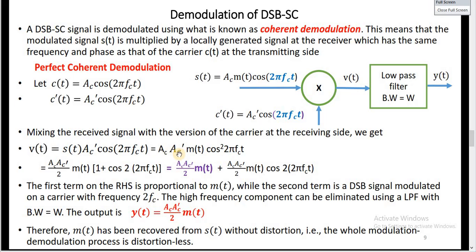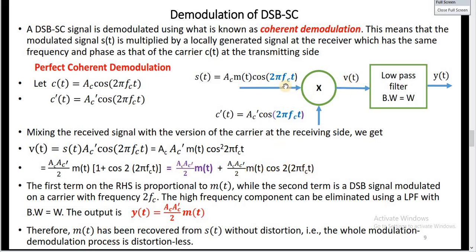So we have AC prime over 2 M of t, and cosine square equals 1 plus cosine twice the angle 2 times 2 pi FCT, and this we divide by 2. We expand this term. We have AC prime over 2 M of t plus AC prime over 2 M of t cosine 2 times 2 pi FCT.